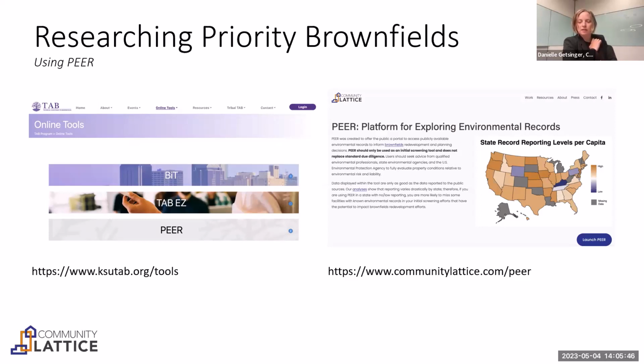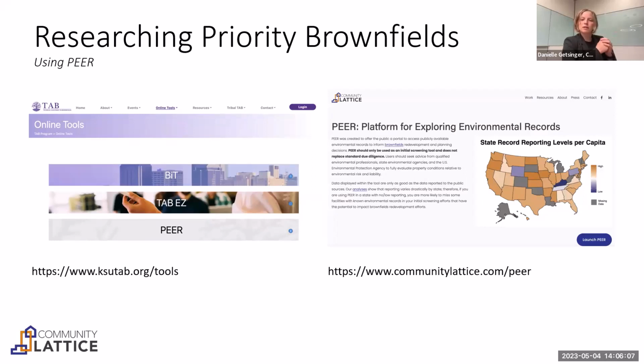So if you're looking at, say, a corner gas station, there's a link that will tell you how many tanks are on the site, the conditions of those, and the status of that record. It just helps you find those records.